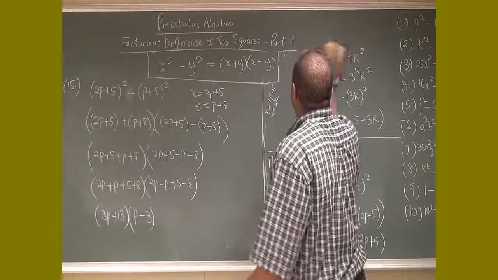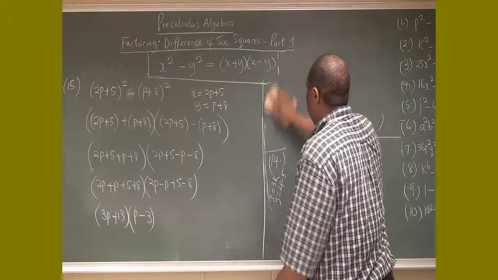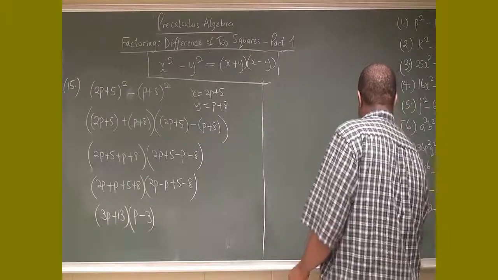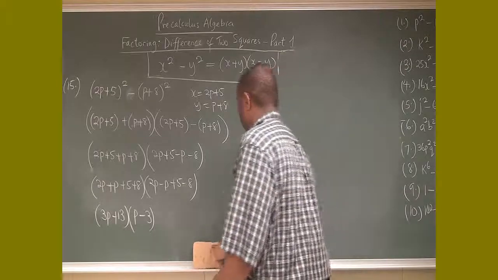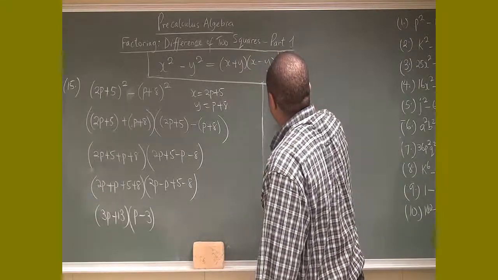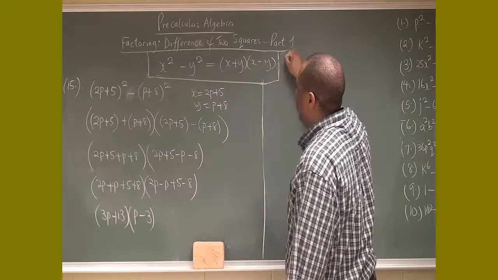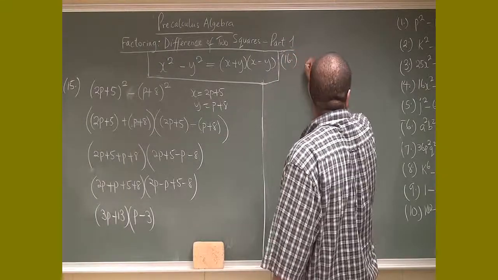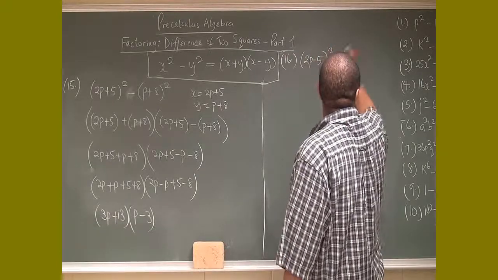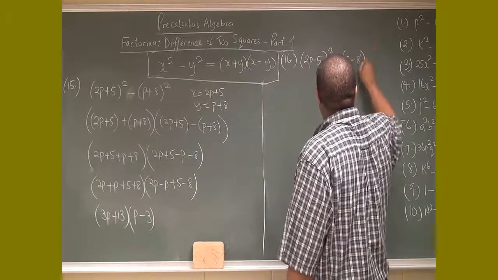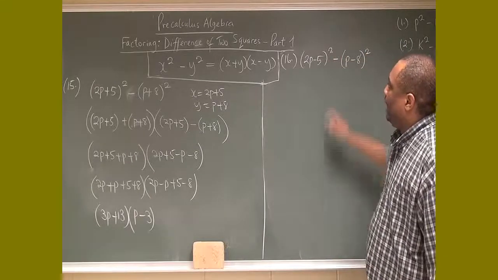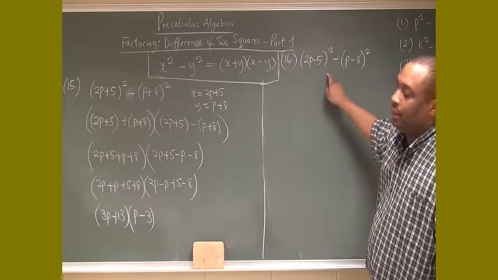Then the last but not the least, we have question 16: 2p minus 5 all squared minus p minus 8 all squared. We know what our x is and our y is, right?